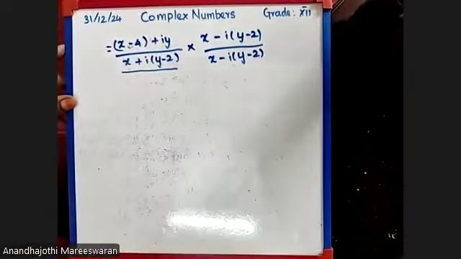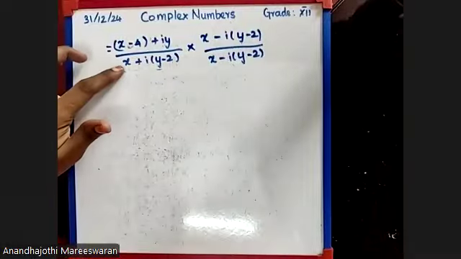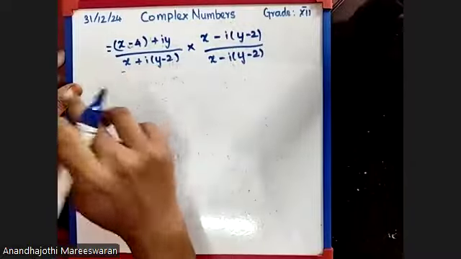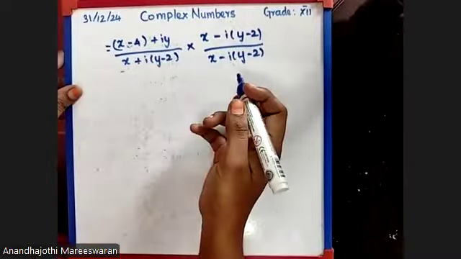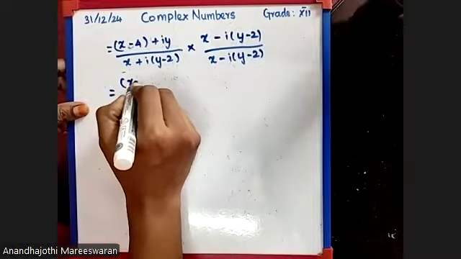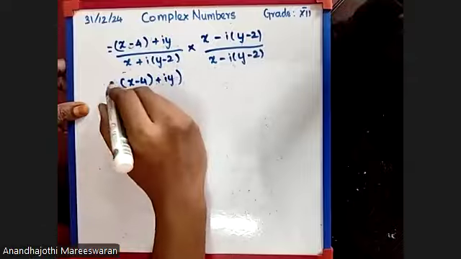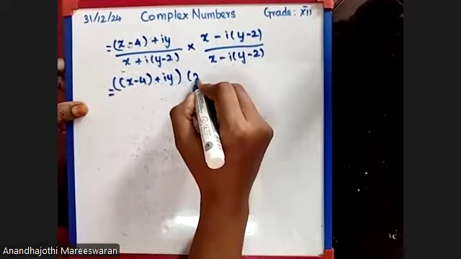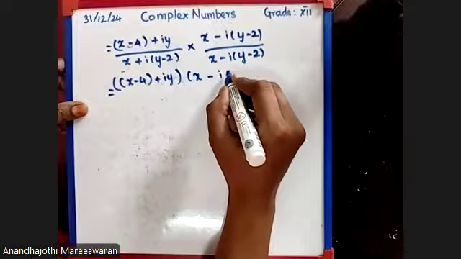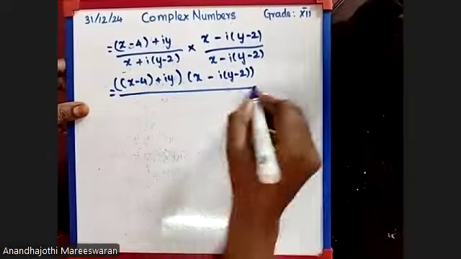I just multiplied by this number's complement. So shall we multiply it? Yes. So (x minus 4 plus iy) multiplied by (x minus i multiplied by (y minus 2)).